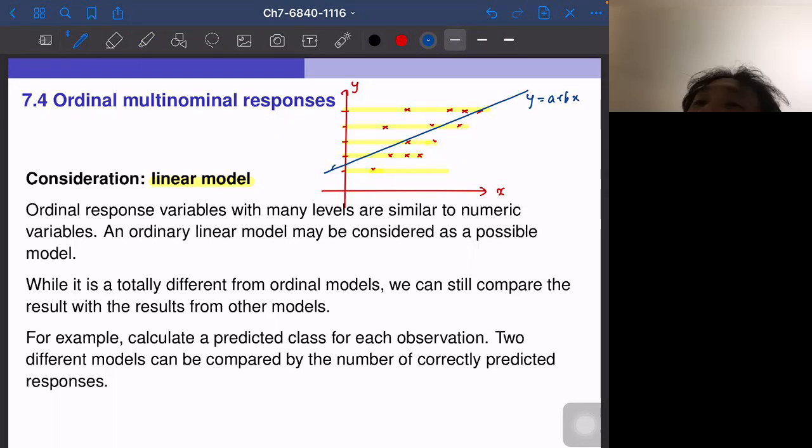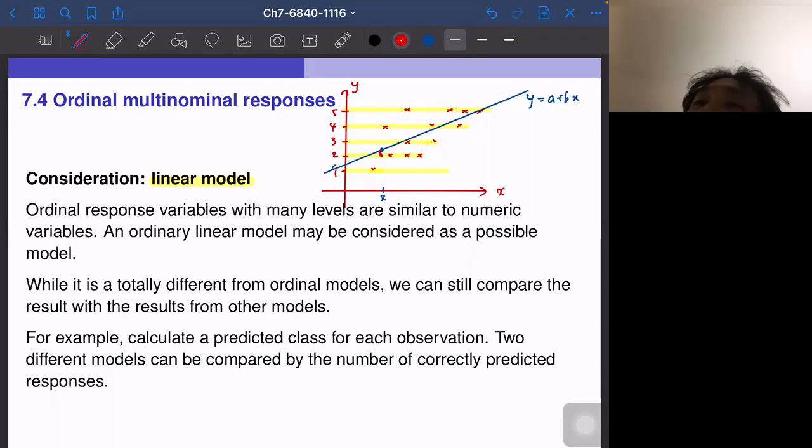So we need some interpretation. For example, suppose we have 5 y values, and at this x value the prediction is maybe 2.3. That may be interpreted as 2, because 2.3 is closest to 2. Sometimes the linear model just fits fine.